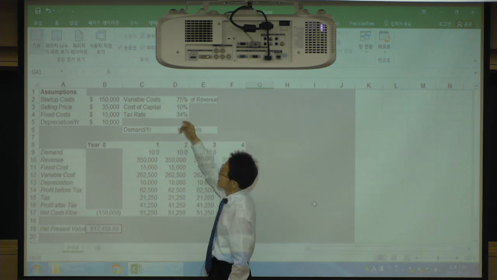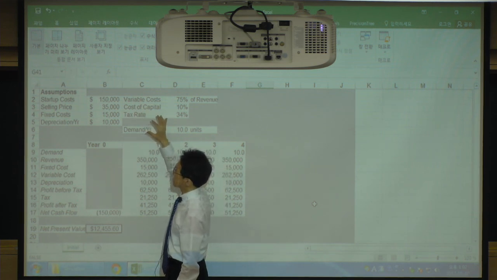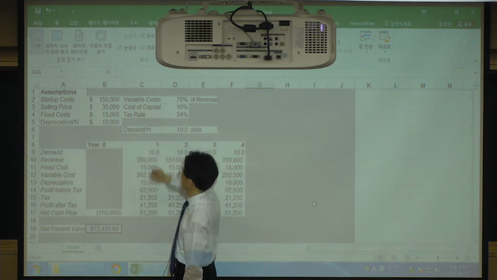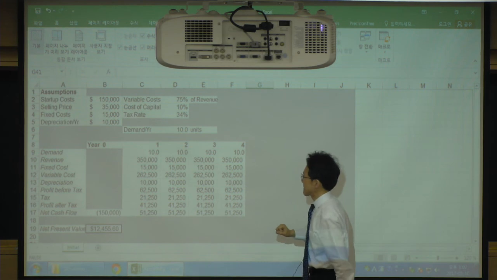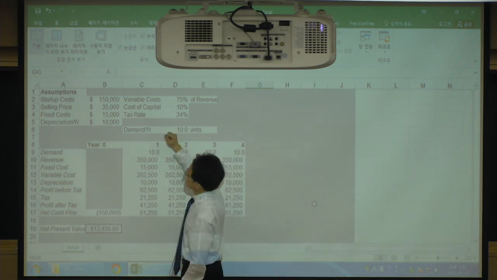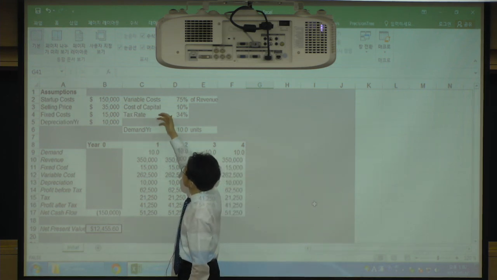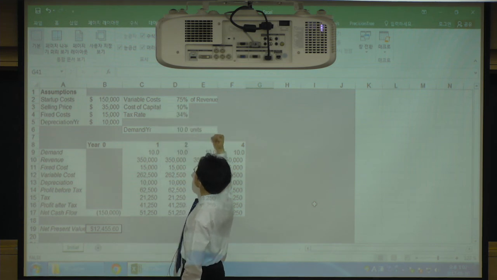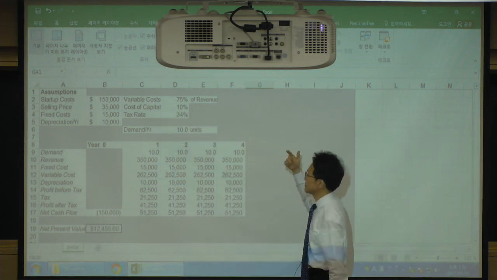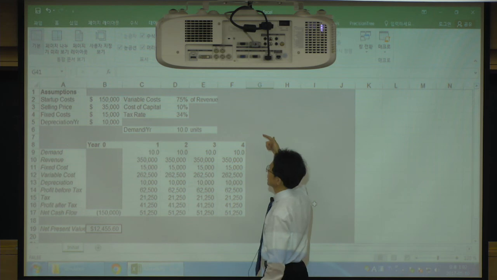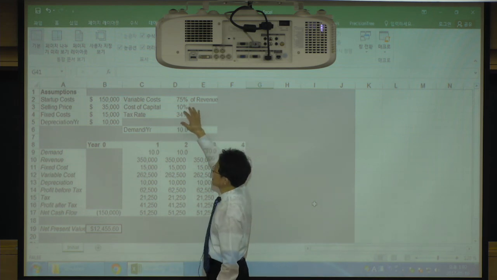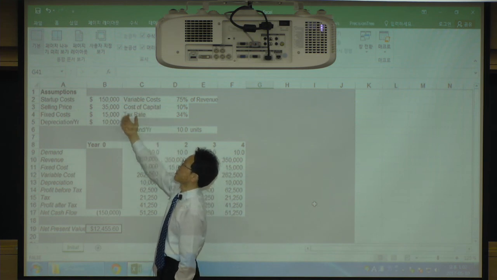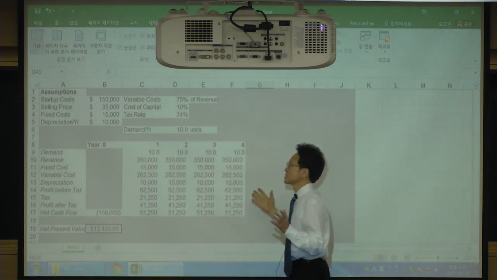For example, startup cost is a kind of fixed cost you have to pay upfront. And there is a variable cost if you build an aircraft, and it is assumed to be 75% of the selling price. The selling price is, let's say, $35 million.